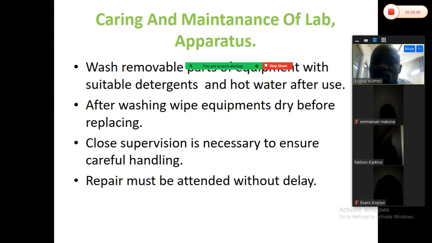We also want to look at care and maintenance of laboratory apparatus. When we talk about care, what does it mean? What do we mean when we say to care? Emmanuel, what is care?